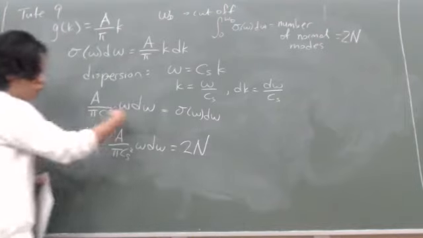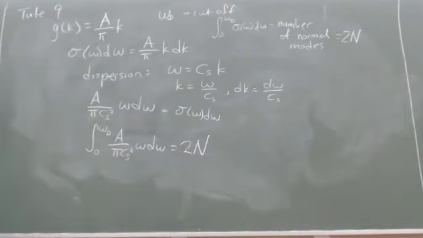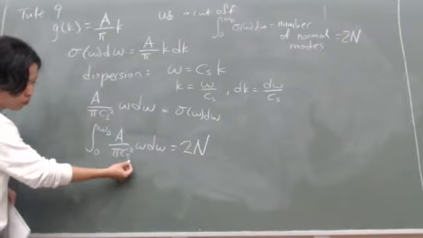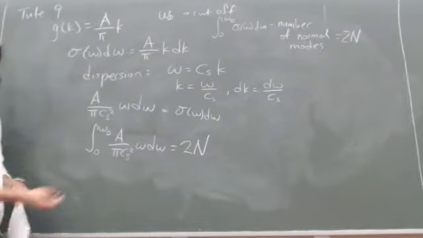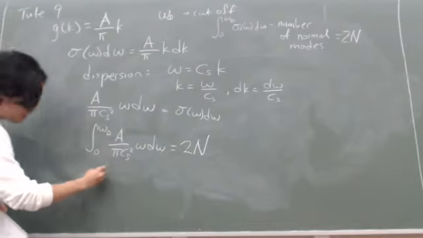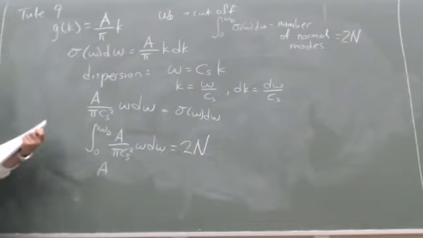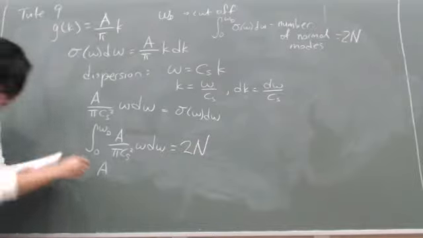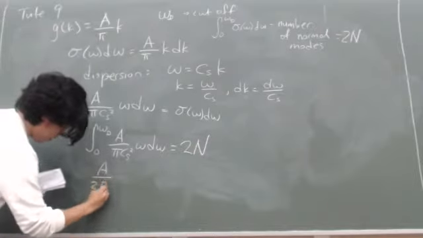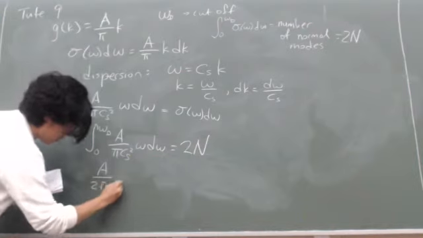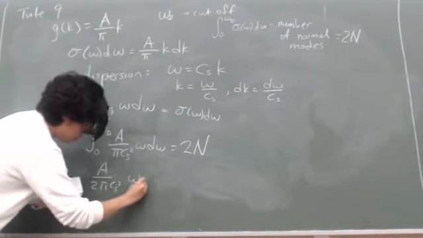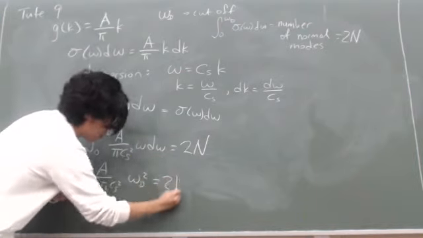For the question, to make it simpler, they told us that the sound speed is constant, so this whole thing can come out the front. So at the end of the day, you just get, let me see if I did this correctly, yes, A on 2 pi cs squared omega d squared is equal to 2N.